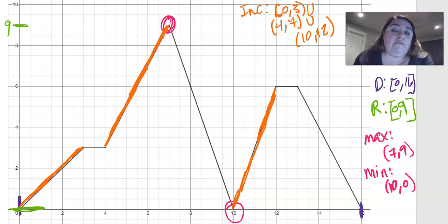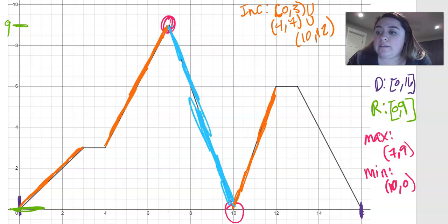So where on my graph am I decreasing? Well, all the orange parts are where I'm increasing, so I'm looking for where my y values start to get smaller. Well, at 7 to 10, those y values definitely get smaller. So one of my decreasing intervals is from 7 to 10.